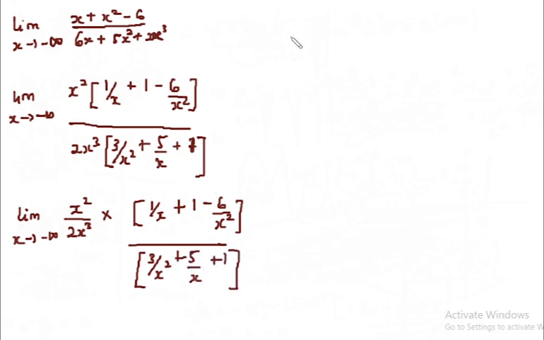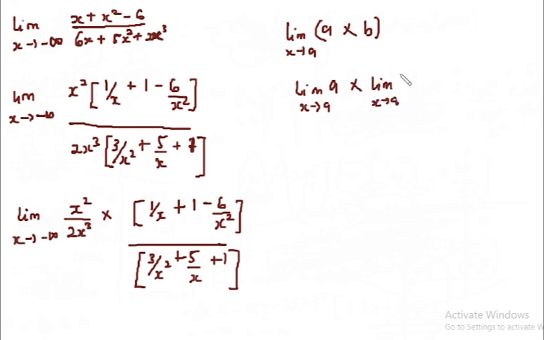Now there's a rule in limits which says if you have the limits of x approaching a value, say a, and then you have a times b, you can individually take the limits and say the limit of x approaching this value of a times the limit of x approaching the same value of b.